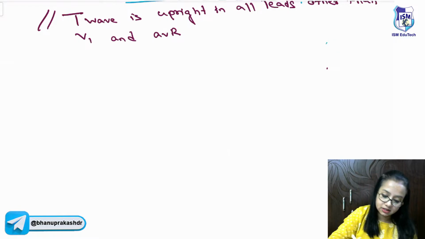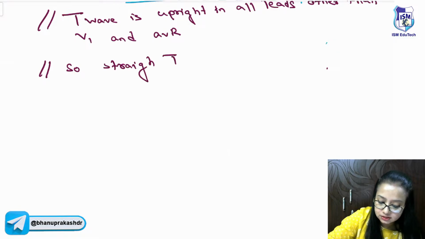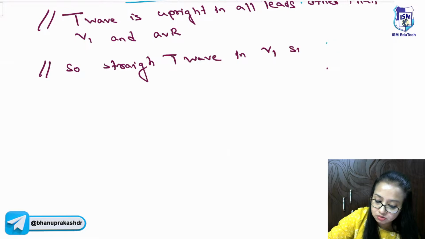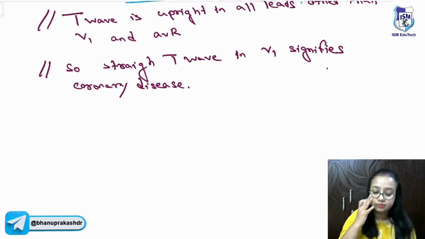It is inverted. So an upright T wave in V1 signifies coronary disease, some problem or the other.